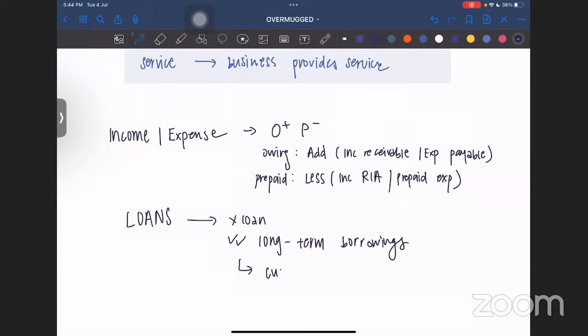Current portion of long-term borrowing. Okay, so essentially this one is your NCL and this one is your CL. So you just split it up. The amount that you're gonna pay next year, that is within 12 months, that one will be a CL.